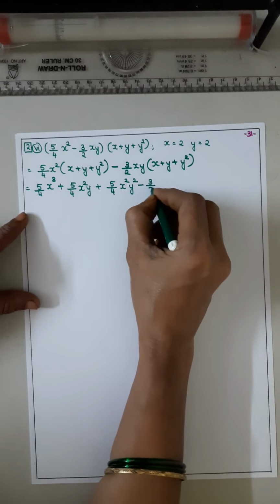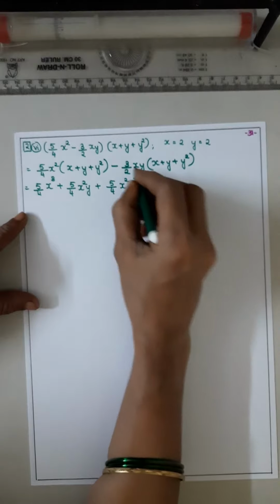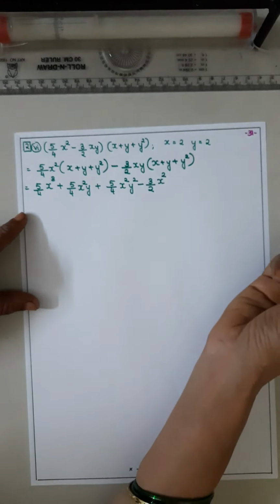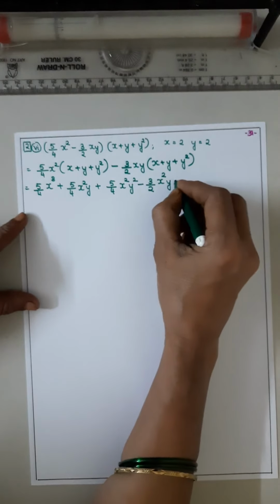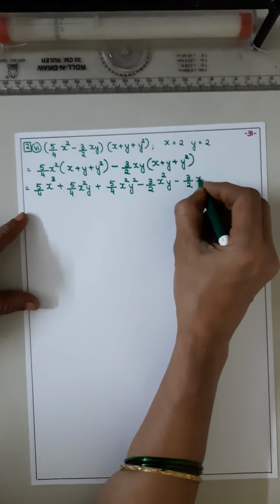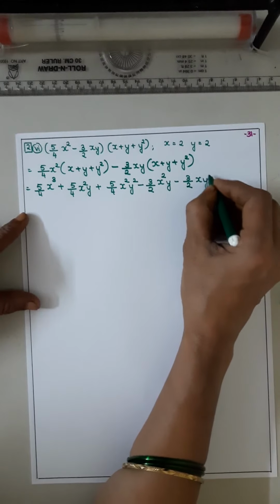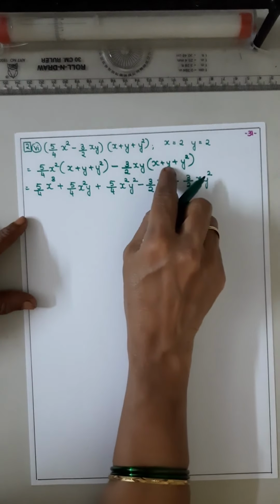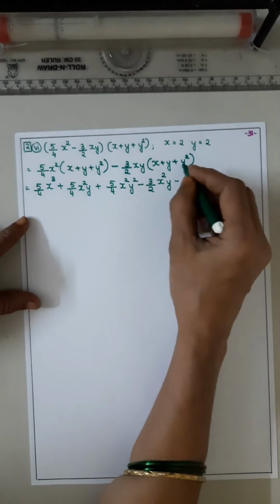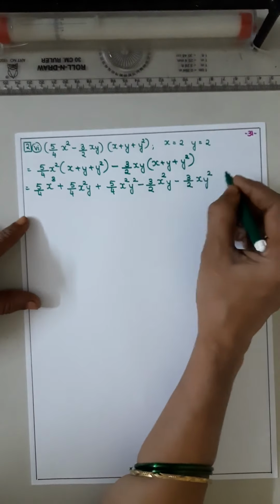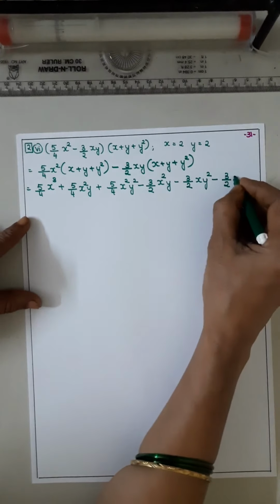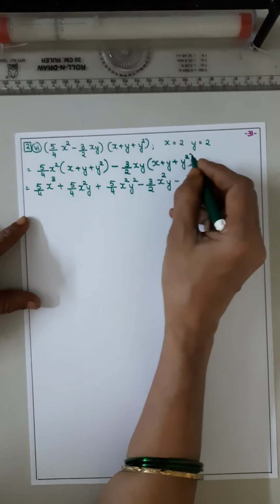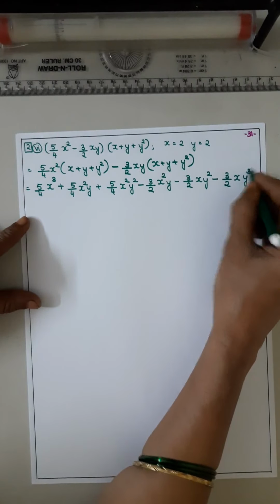Here also no number, 3 by 2 x, 1 and 1, that is why 2. Then y 1 time. Now minus plus is minus. Again 3 by 2 x only 1 time but y 2 times. Isn't it? y plus y into y. Now coming to the third, that is minus plus becomes minus 3 by 2 as it is, x only 1 time, y 1 time and here 2 times, that is y cube.